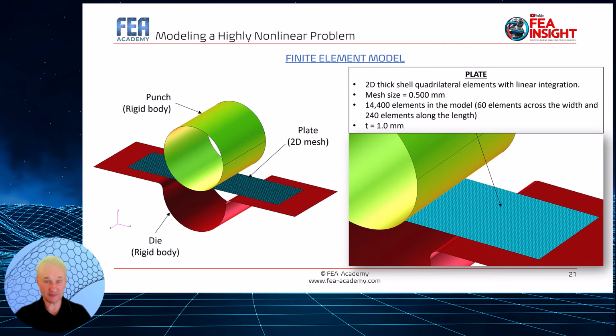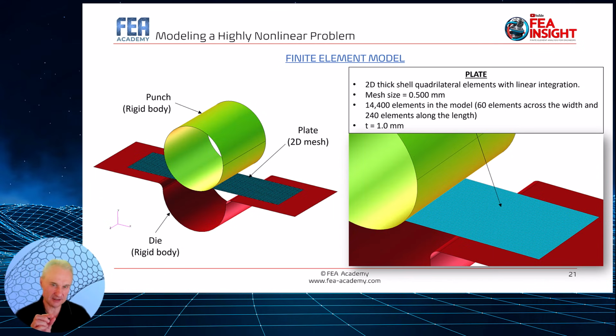Also, the fine mesh of the plate is due to the fact that we need to model a very local contact between the plate and the curved shoulders of the die, okay, here in this region. You see the shoulder of the die? So it's a very small region where you need to capture a contact.